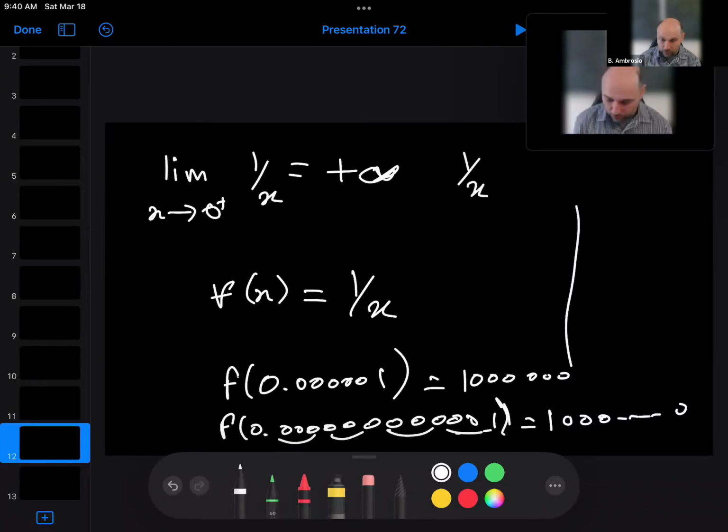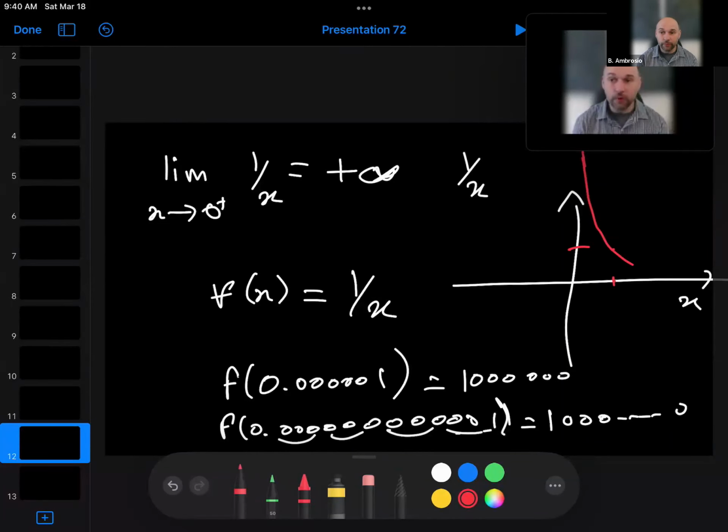So if I wanted to represent that with a function here, I know 1 divided by 1 is 1, it will have this aspect. So when x goes to 0 by the positive numbers, f of x goes to infinity, because you can give a bound.